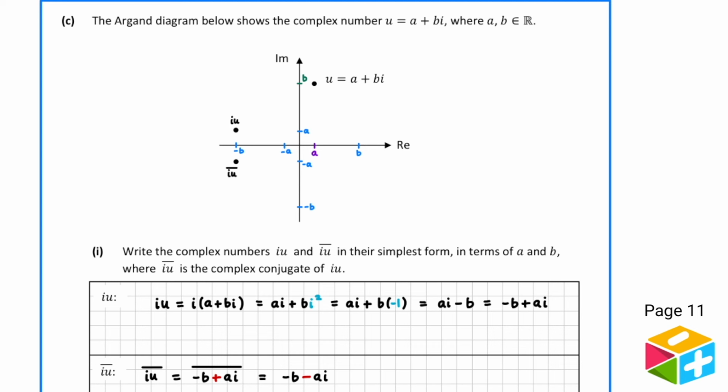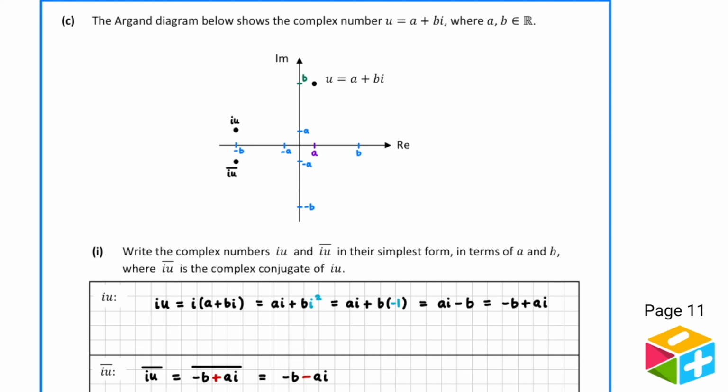The next part of the question requires us to plot and label these 2 points. Well, IU has a real component of minus B and an imaginary component of A. So we go to minus B on the real axis and A on the imaginary axis and plot a point at their intersection.